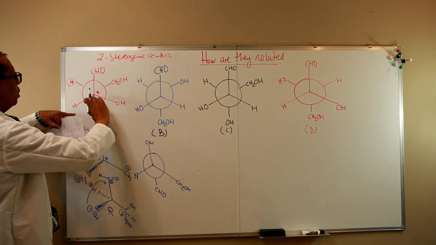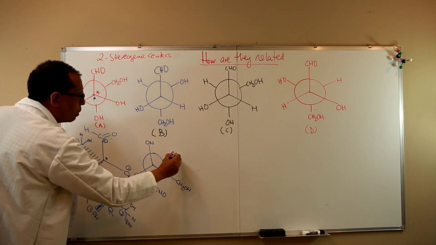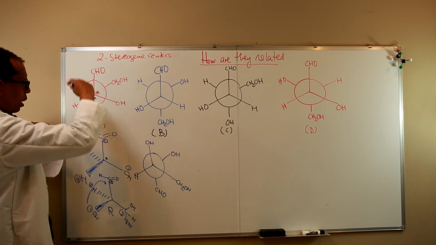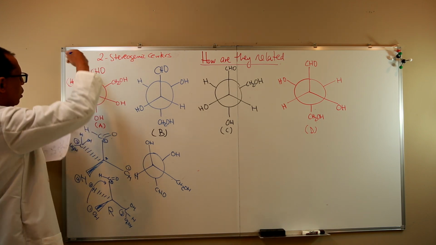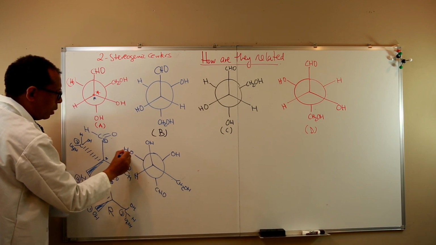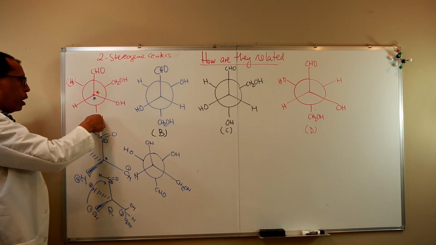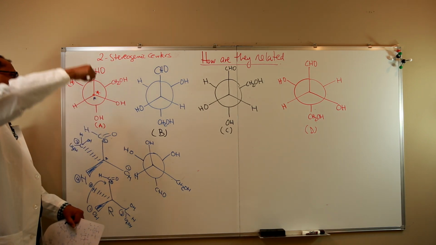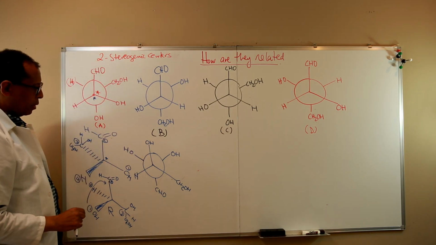When you do this, OH comes here, and hydrogen would be like this. Remember what I did: I just hold OH from the back, bring it back like this and put it on top. So you have this configuration.